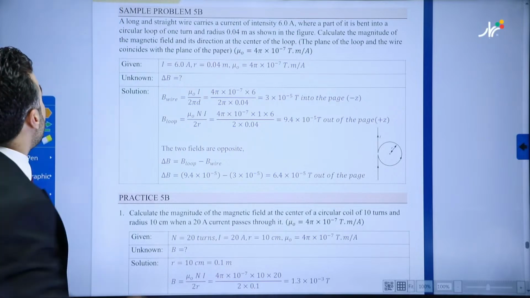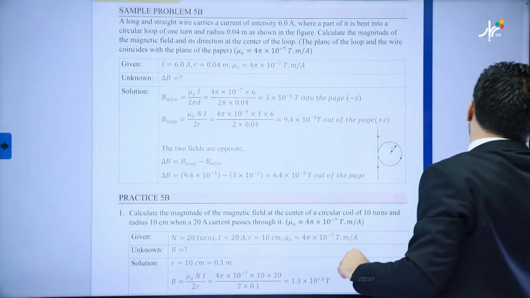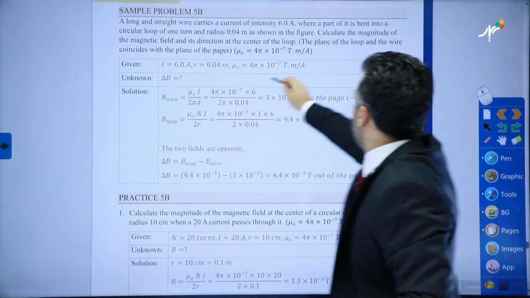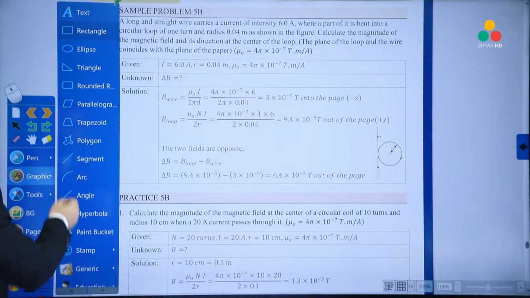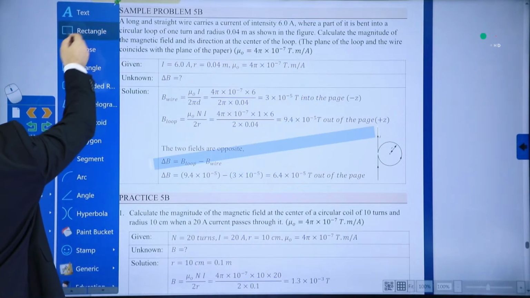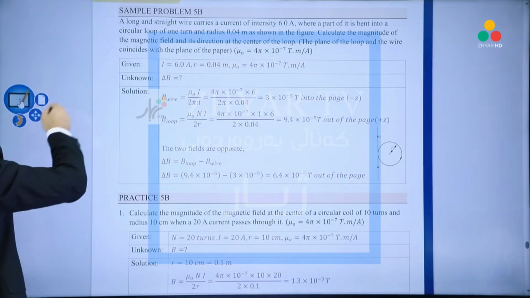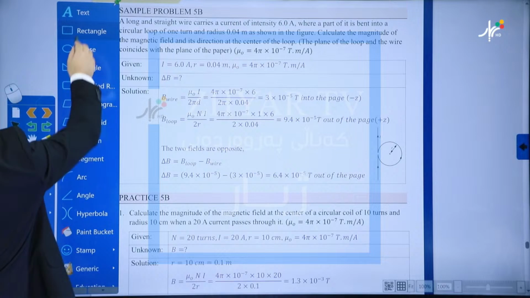Okay, so what do we have? It says along a straight, okay, I think it didn't work. Let's try it again. Okay, is it not working? I think it is not working. All right, so let's see.